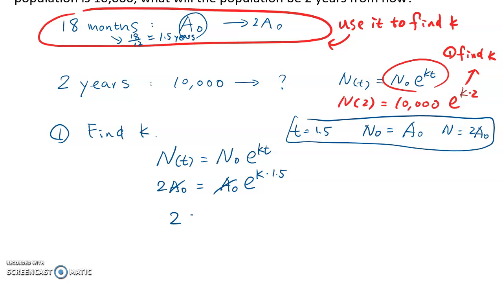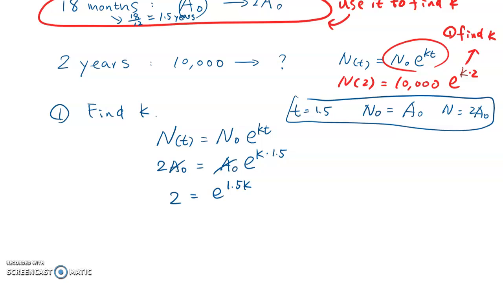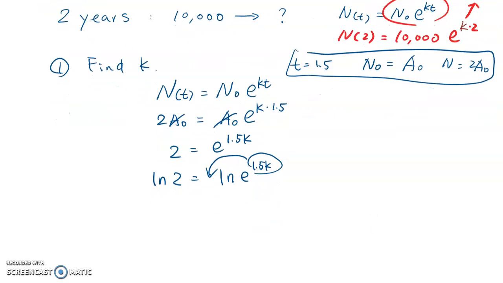So we have 2 equals e to the 1.5k. This is an exponential equation. What we can do is take ln on both sides because we have an e here. ln is with base e, so I'm going to take ln on the left side and on the right side. This helps us move the exponent to the front using the power rule.